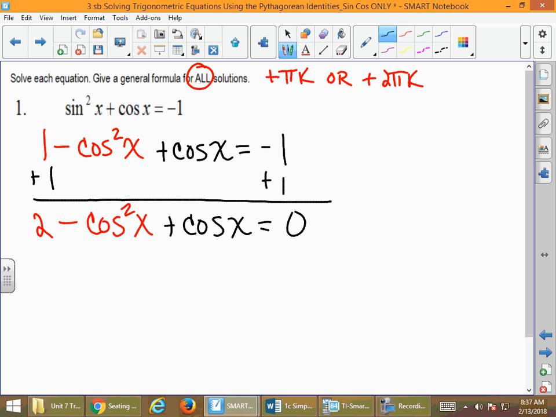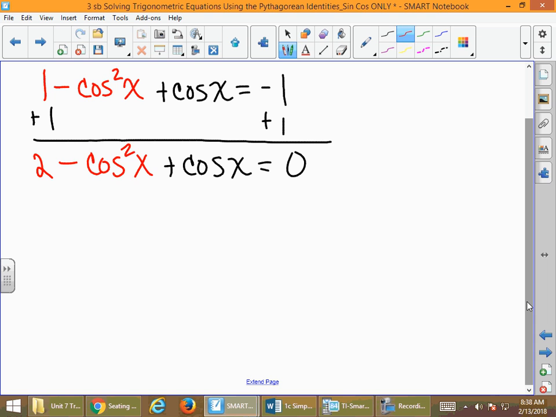And what we've accomplished so far is that we have all of the functions on one side of the equation, but we have a couple of issues. One, we need to write it in descending order. That's the first issue. So if we write it in descending order, we've got negative cosine squared x plus cosine of x plus 2 equals 0.